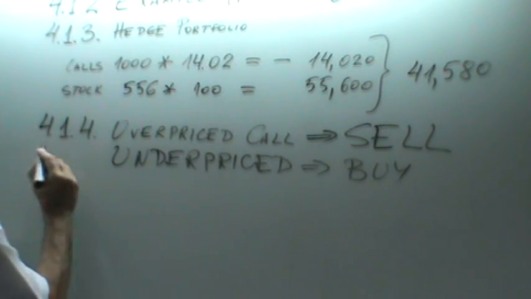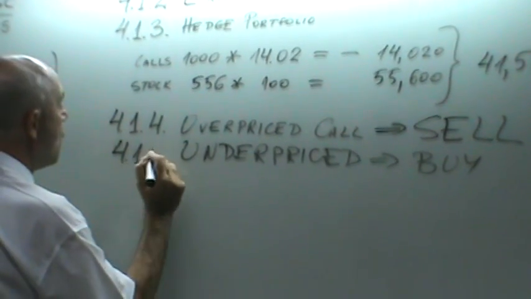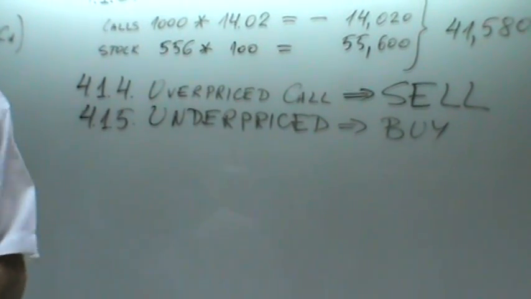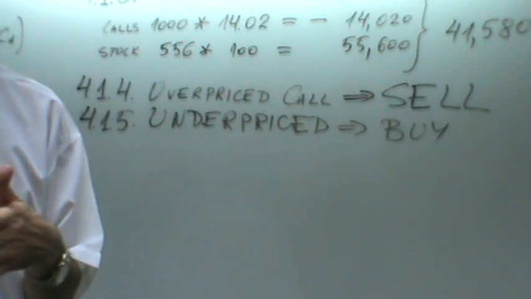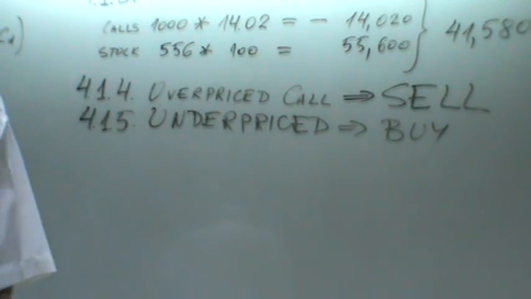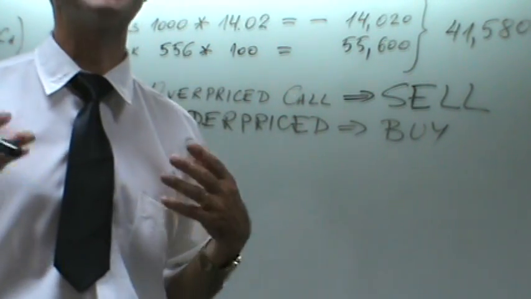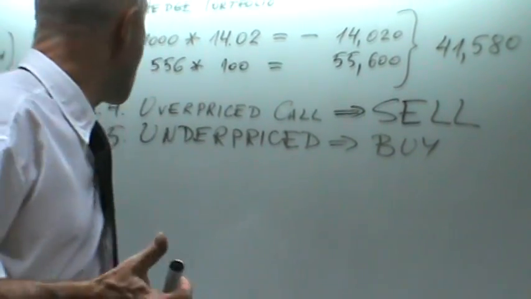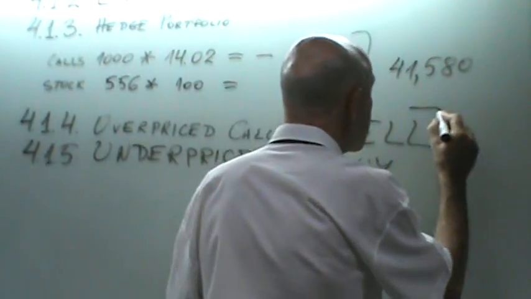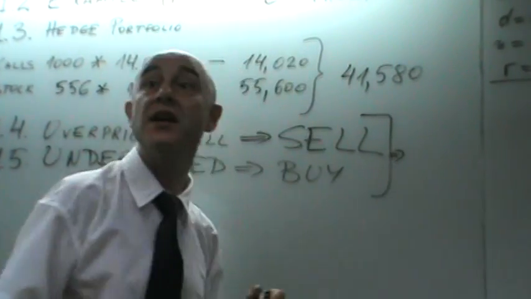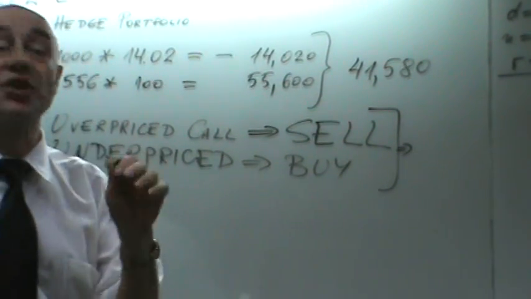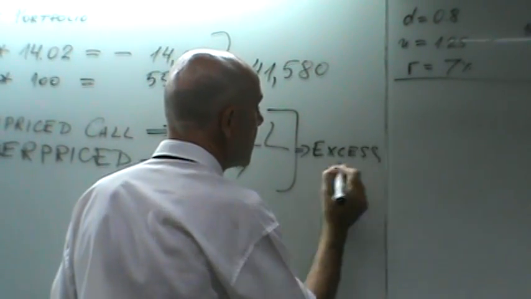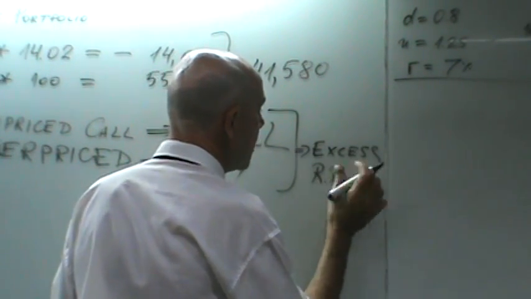That's 415. And here in the textbook they construct for you simple portfolios which show you how you can get excess return. So if it's overpriced, you sell and you get an excess risk-free return.